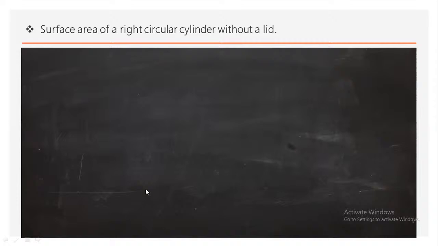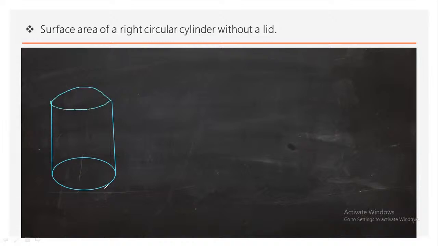Now, surface area of a right circular cylinder without the lid. This doesn't have a lid, only the bottom is there. Here also the height is h and the radius is r. We only take one circular portion, pi r squared, and then the rectangular portion.